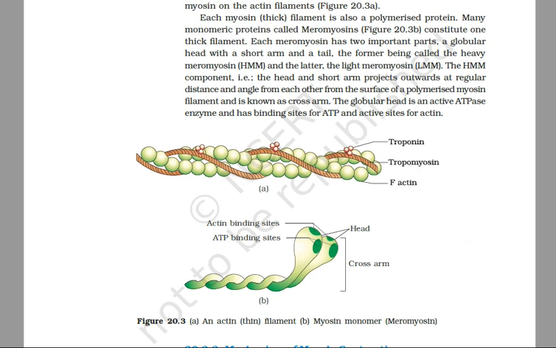Then the actin filament is a complex contractile protein, which consists of 3 components: F-actin, tropomyosin and troponin. F-actin forms the backbone of the actin filament. It is a double-stranded protein, and each strand is composed of polymerized G-actin molecules.